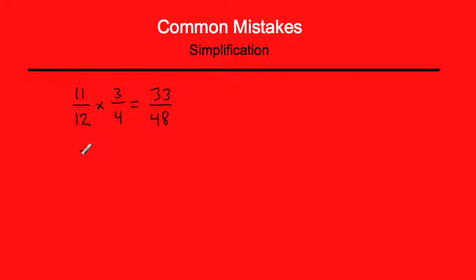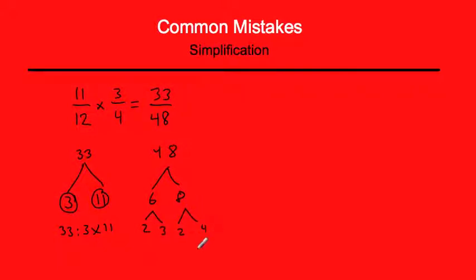You have to go through the steps and make sure that you see things, right? So this is 3 times 11, so 33 equals 3 times 11, and then 48 equals 6 times 8, which is 2 times 3, and this one's 2 times 4, and 2 times 2, so it equals all of these things together.